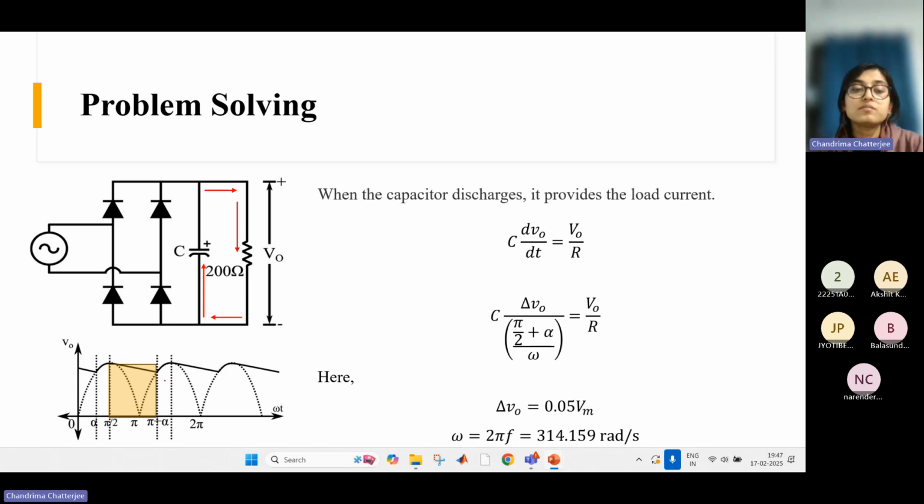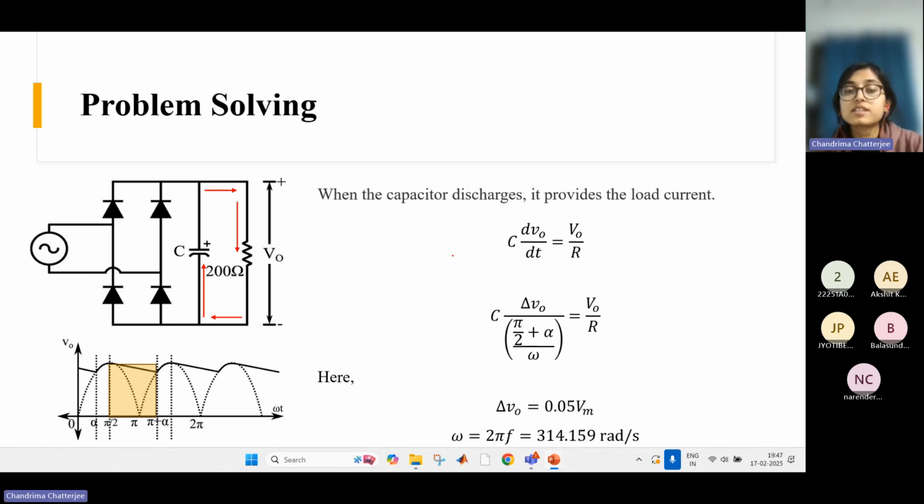Again, the same diagram we need to refer. When the capacitor discharges, it provides the load current, right? I already told you, when it is discharging, the capacitor provides to the load. No current is drawn from the source. The source only provides current when the capacitor is getting charged. When the capacitor is discharging, the current flows from the capacitor to the load in this loop.